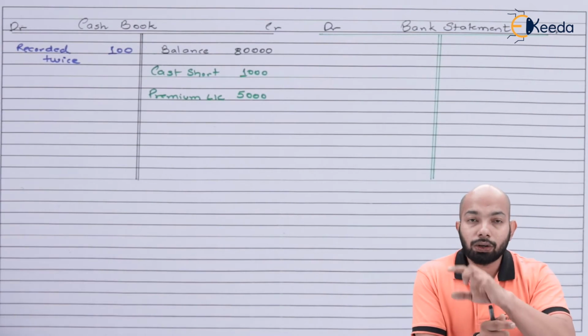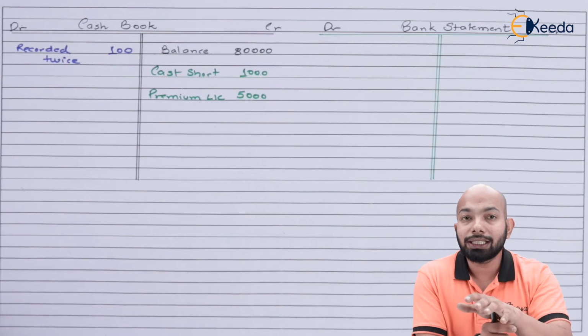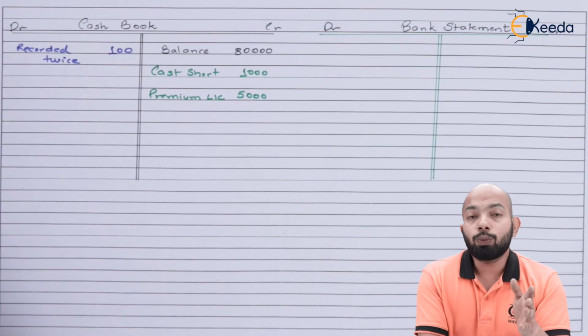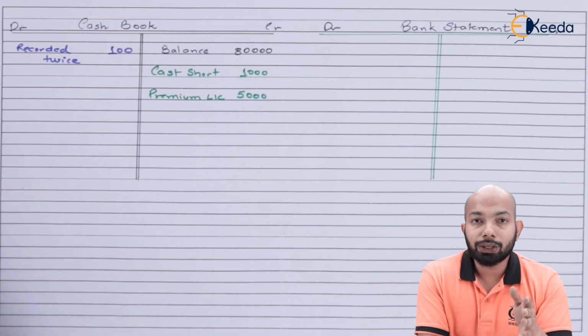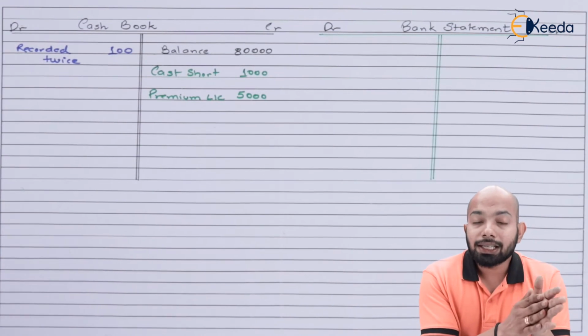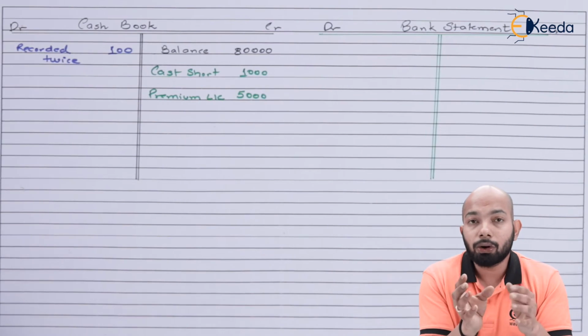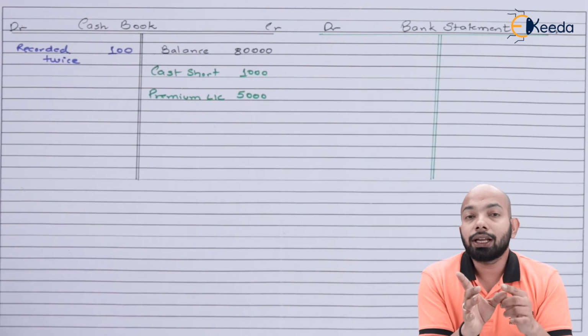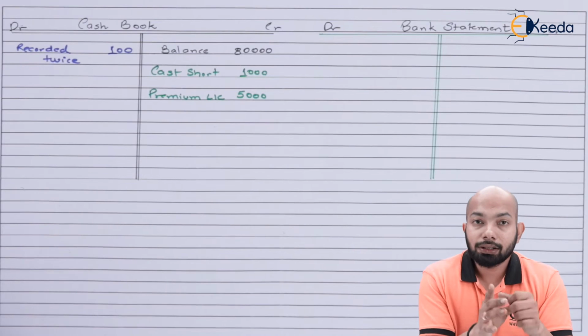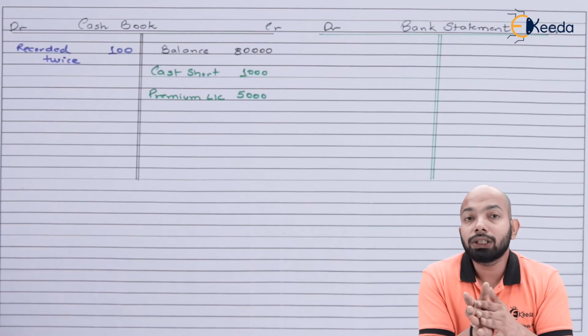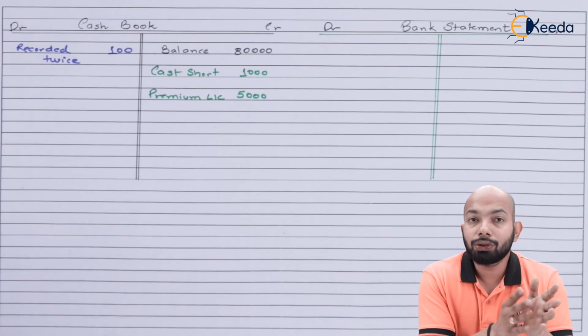Hence, you see this on the debit side of your passbook. So in such a scenario, on the credit side of the cash book, you have to maintain this amount to ensure there is neutralization of this dishonor entry. So let's mention that amount on the credit side of the cash book just to neutralize the error.